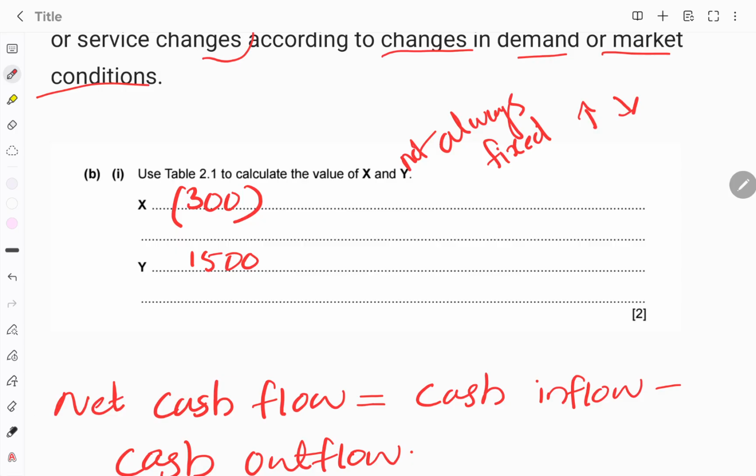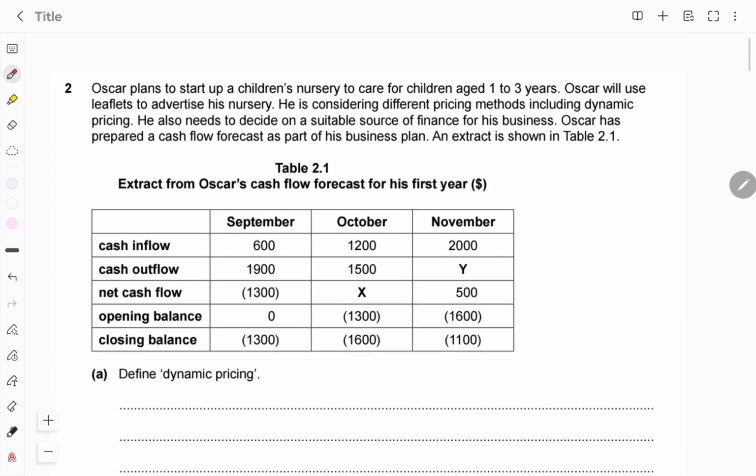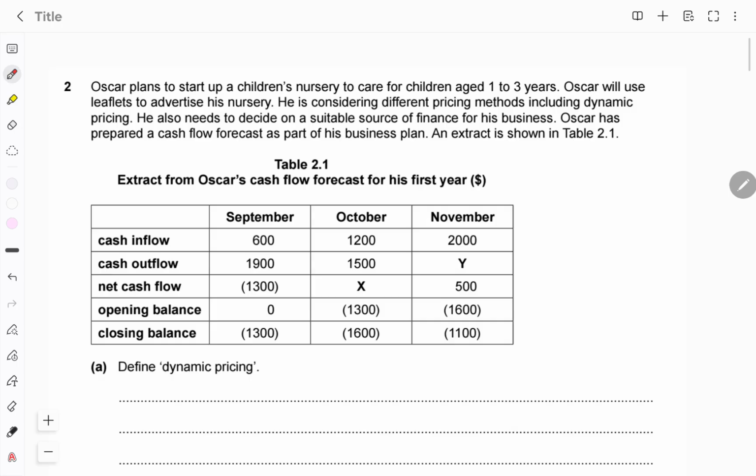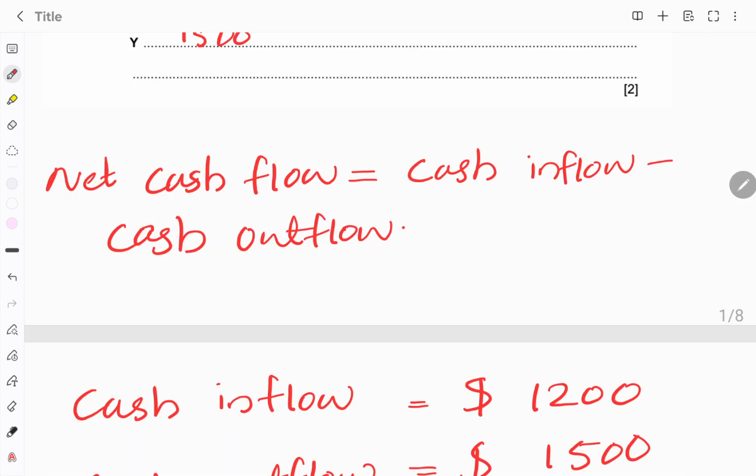The question asks us to calculate the values of x and y. If you look at the table, you can see that x represents net cash flow and y represents cash outflow. So first we need to find the net cash flow for October. To calculate the net cash flow, we use this equation. The equation is net cash flow equals cash inflow minus cash outflow.